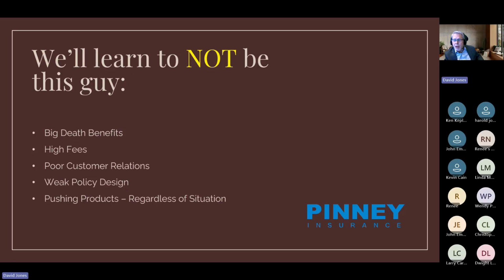But the way they were going about it was they said, get $1 million in coverage, no matter what. They hadn't even talked to anybody yet. Whoever you are, get $1 million in coverage and make it whole life. Well, you know what? Whole life is probably the most expensive way to go about it. It's not a bad idea, and it's appropriate sometimes for sure, but it's not appropriate for everybody. It's not one size fits all, but they were doing a one size fits all presentation.